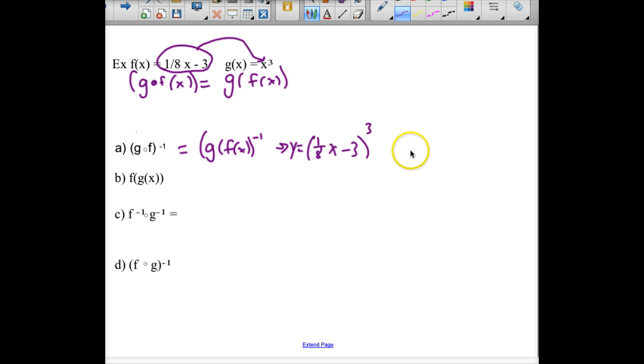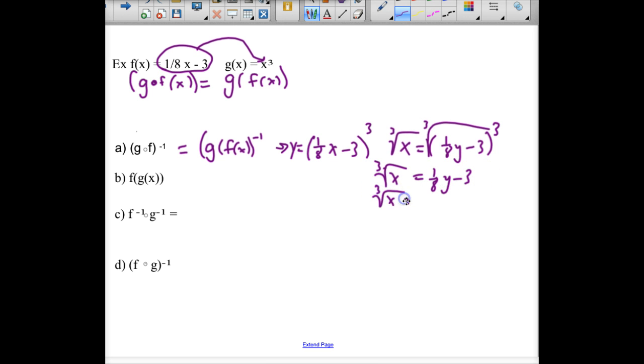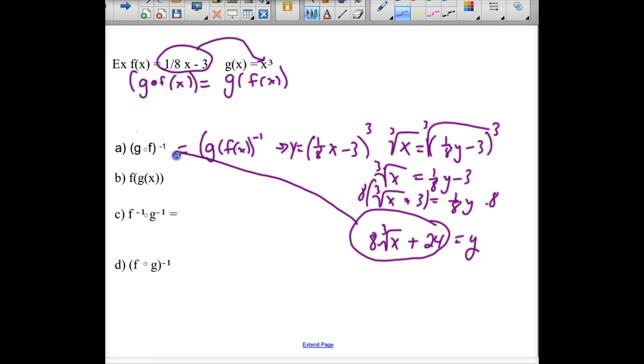You can switch the variables, and then solve for y, so take the cube root of both sides. So we have the cube root of x equals 1/8 y minus 3, add 3 to both sides, cube root of x plus 3 equals 1/8 y, multiply both sides by 8, so we have 8 times the cube root of x plus 24 equals y, so that's our inverse function of the composite.